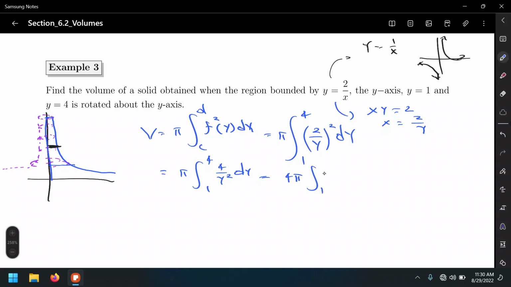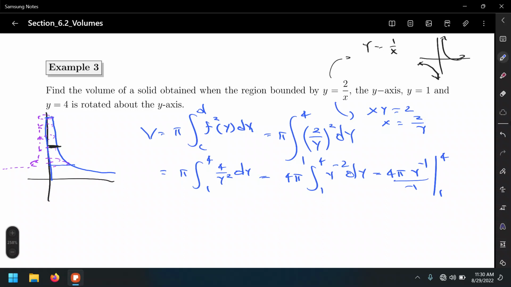So from 1 to 4, y to the negative 2. And be careful when integrating this, because as usual, in accordance with the general power rule, add 1 to the exponent, divide by that new exponent: 4 pi y to the negative 1. That's what we get when we add 1 to negative 2, but we also divide by negative 1. Let that go from 1 to 4.